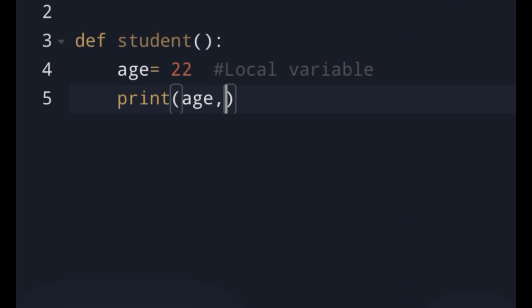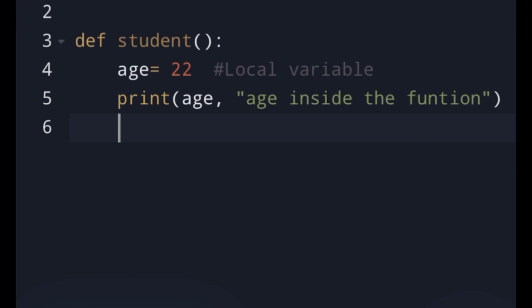Inside this only I will print the age. For better understanding, I will write a string inside the function: age inside the function.